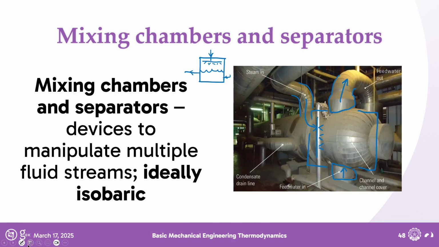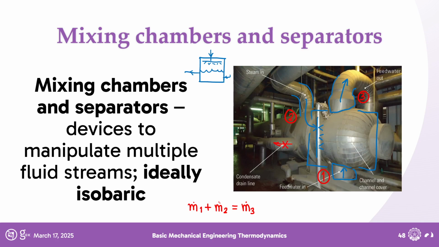In this case, let's go back here again. Let's say, for example, here, state 1, state 2, and then state 3. The conservation of mass tells us that your state 1 plus your state 2, the mass flow rates of each, should be equal to your state 3. Actually, there is a condensate drain line here, but let's not worry about that right now.